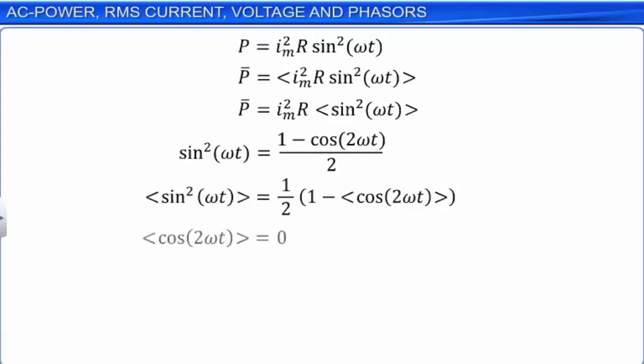However, the average value of cos 2 omega t over a complete cycle is 0. This makes the average of the sine squared omega t over a cycle as half.